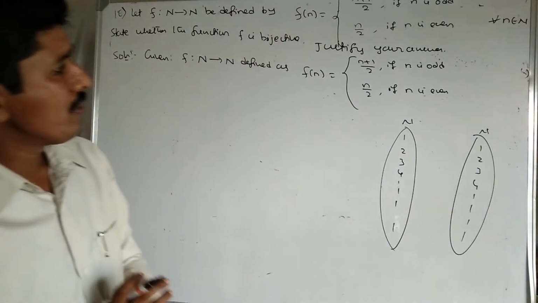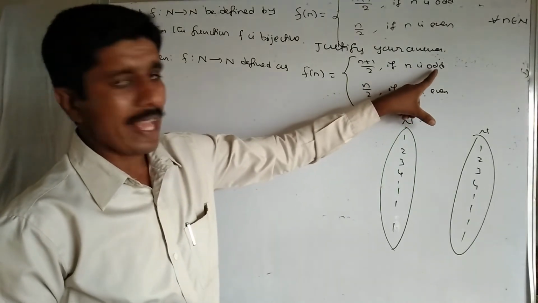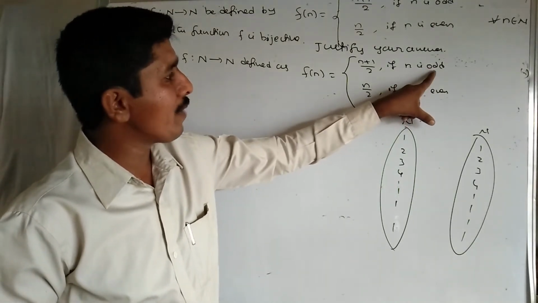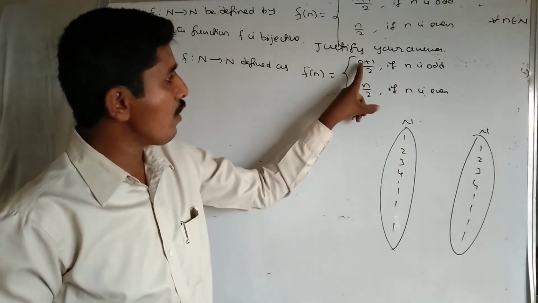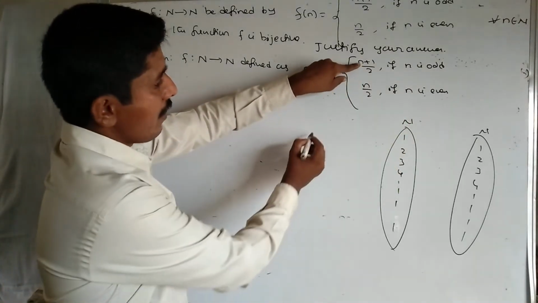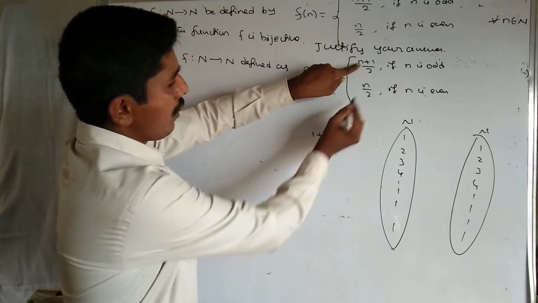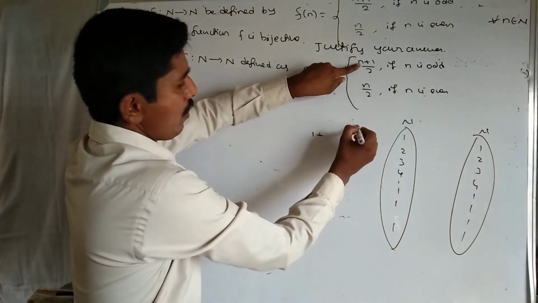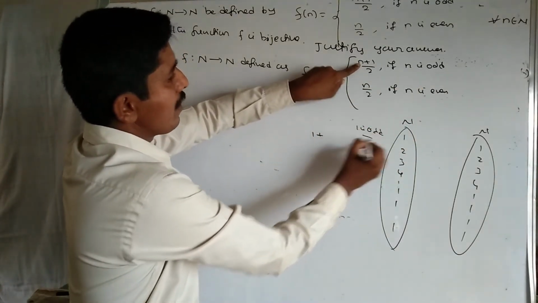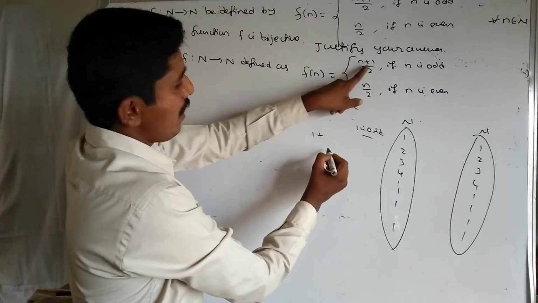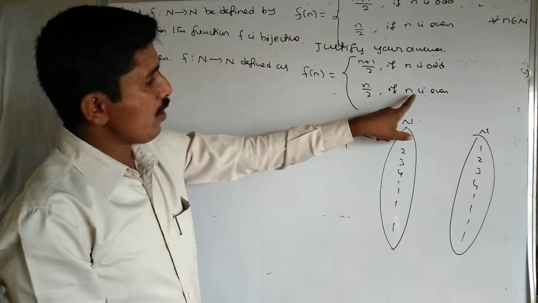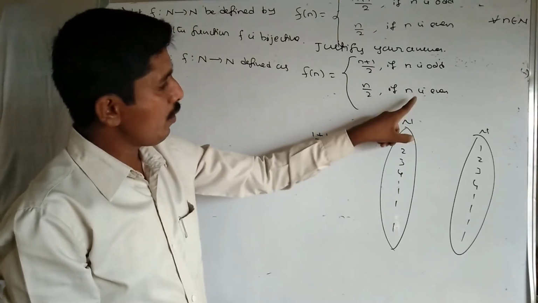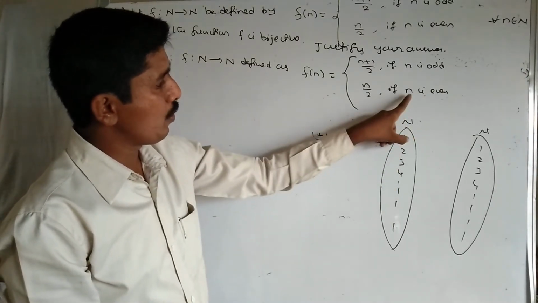One thing I did: suppose I take an example where n is odd. Clearly 1 is an odd number, so the range value is (n plus 1) by 2, with n equal to 1. That is (1 plus 1) by 2, which is 2 by 2, which is 1. Suppose n is even, taking 2, which is even.